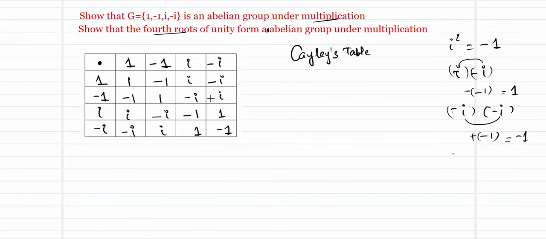Now it is easy for us to find out whether the properties of a group hold true or not using this table in particular. So that makes things easy for us.